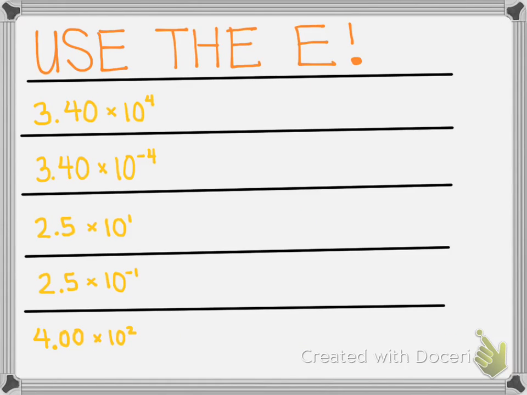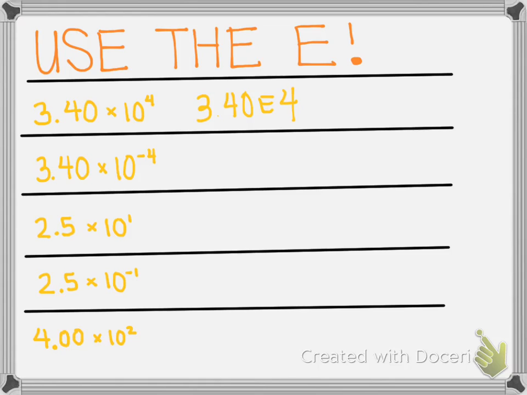So first of all, we need to remember, please use the E. And what I mean by use the E is that button on your calculator. So 3.40 times 10 to the fourth is the same thing as 3.40 E4. That's how you would write it, or type it into your calculator.